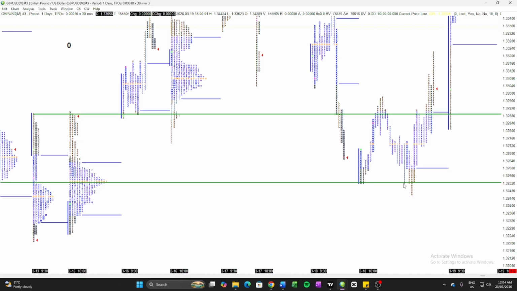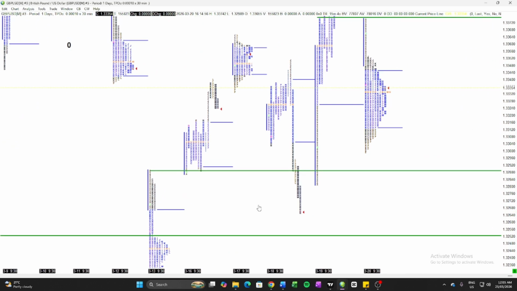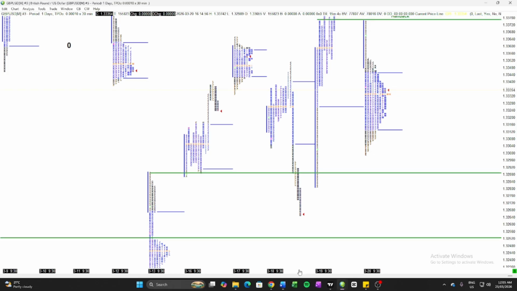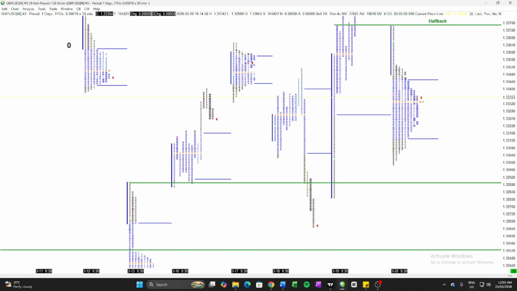Low here, low here, low here. Whereas this is gonna be a bit complicated, but this green line is another distribution. It was not getting accepted lower. Price was not allowed to move lower. That was the nail in the coffin for me that this was absolutely going to go up. Anyway, that was happening in Asian and London session. That's a whole different story that we can delve into another time.